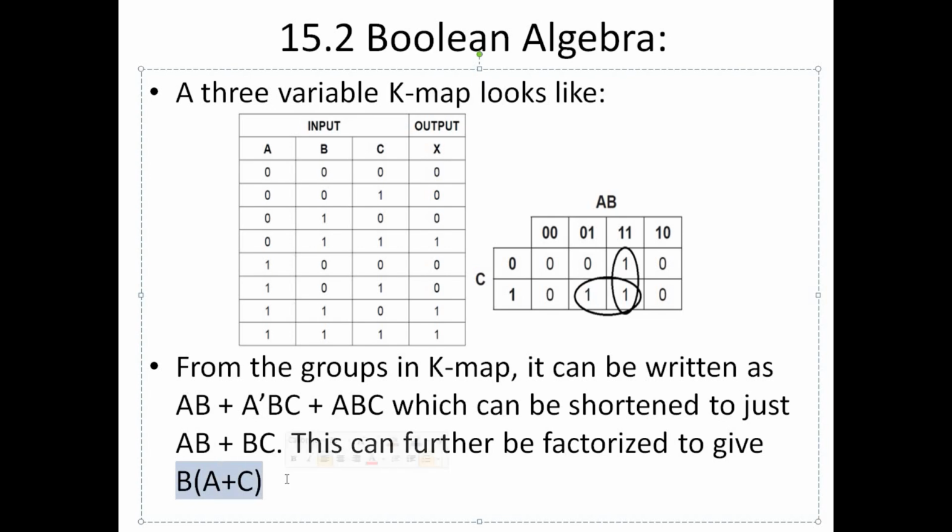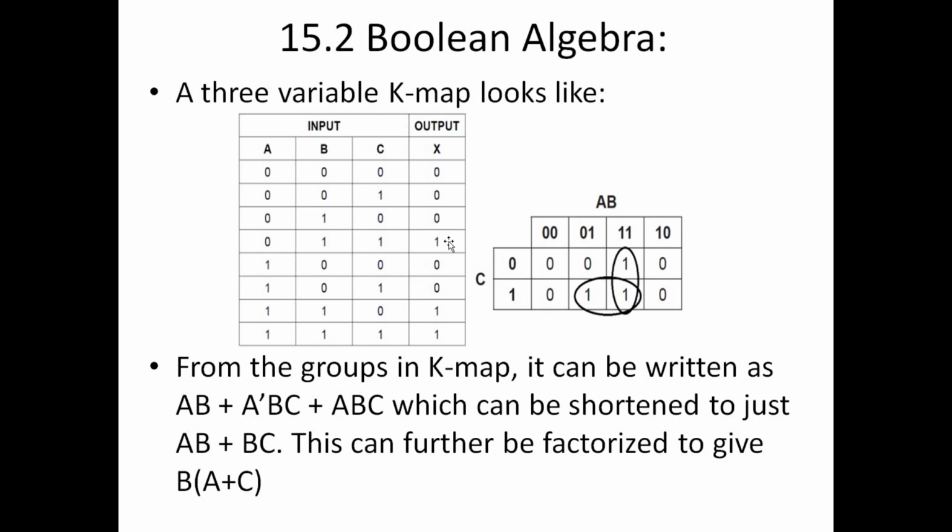You can write it in this form as well if you want. Otherwise, if you just leave it like this, that is also fine, but it's better to factorize it. Most of the time in your paper 3 you'll be given a 3 input truth table and a blank K-map like this, which you'll have to fill, and then you'll have to make pairs and write the simplified equation.